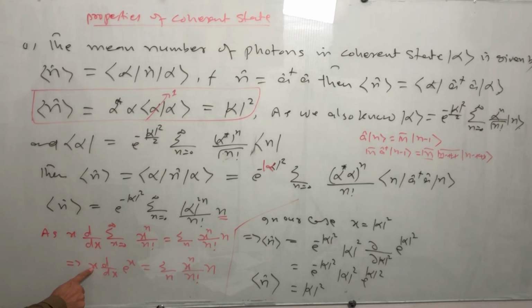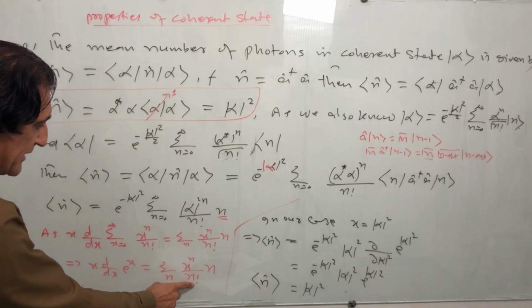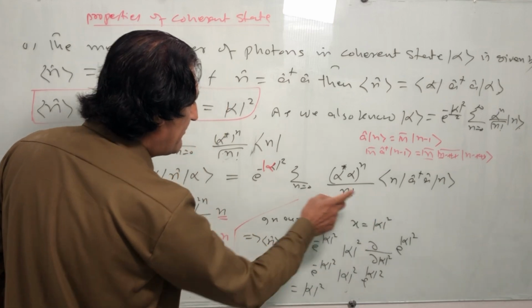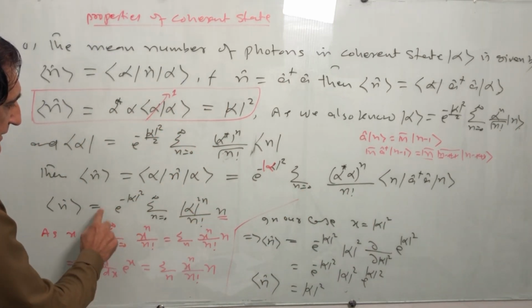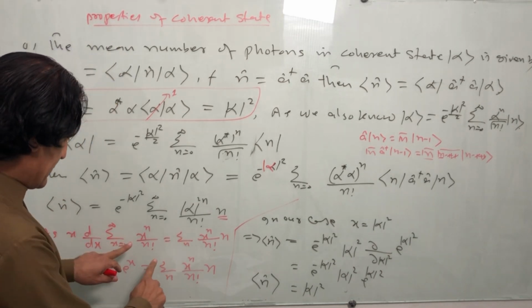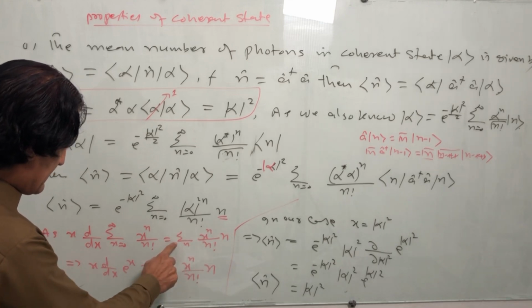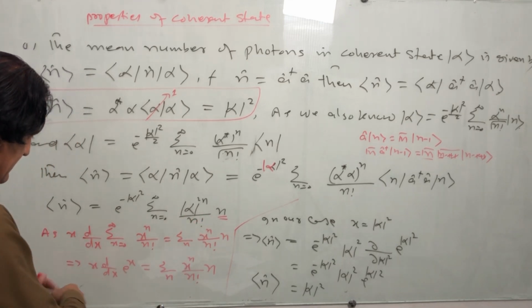Then you have x d divided by dx e to the power x, which is equal to summation n times x to the power n divided by n factorial. In our case, x is equal to |α|². So here we can apply this relation.